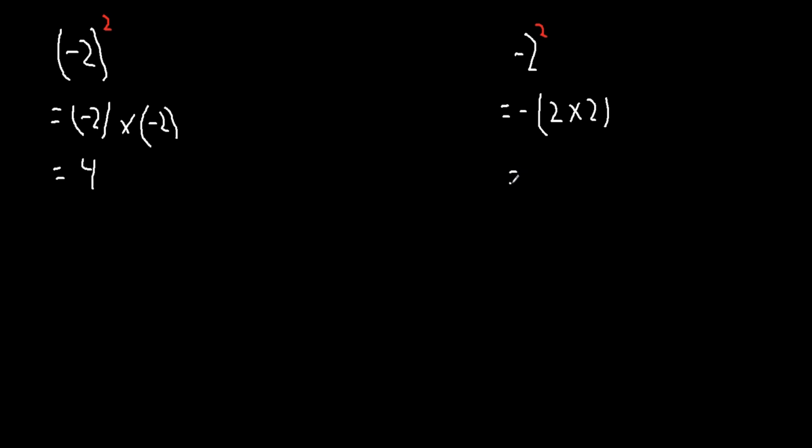So that gives us -4. Now, if you want to see this further, if you're having trouble with this negative sign here, it's basically the same thing as -1 times 2 times 2. And of course, we get -4.